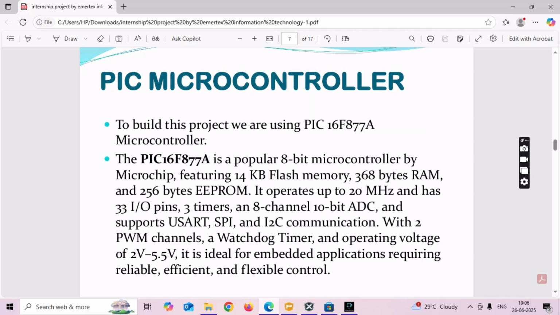It supports UART, SPI and I2C communication with 2 PWM channels, a watchdog timer and an operating voltage of 2 volt to 5.5 volt. It is ideal for embedded applications requiring reliable, efficient and flexible control. That's why we use the PIC16F877A microcontroller in our project.